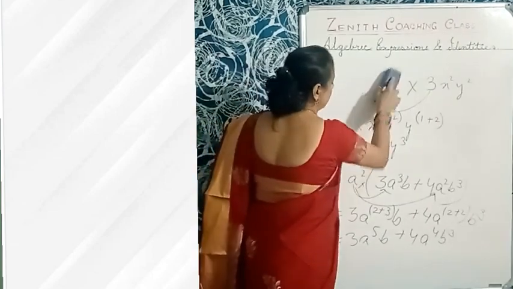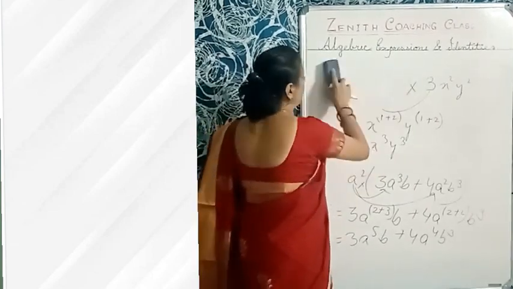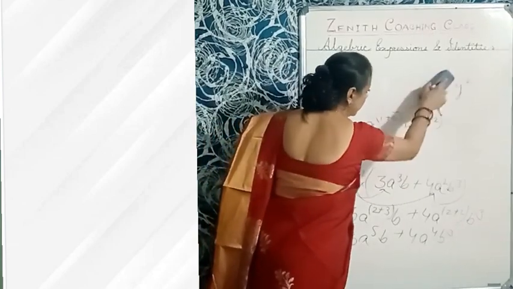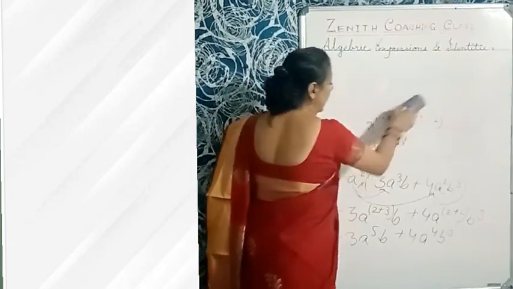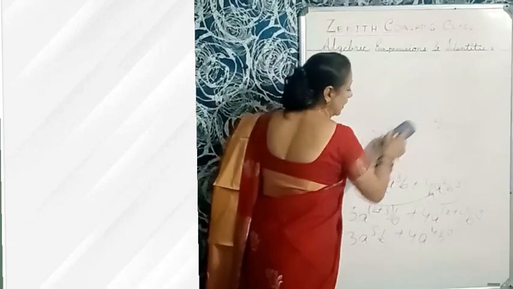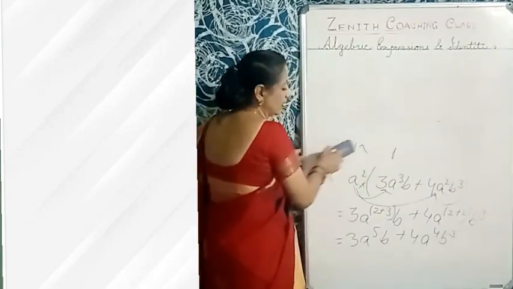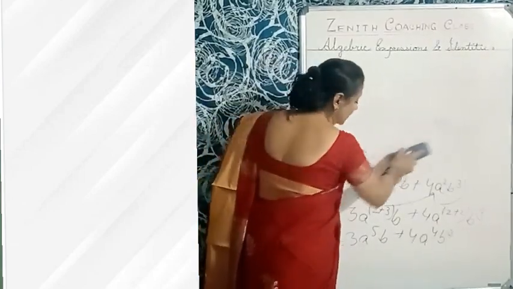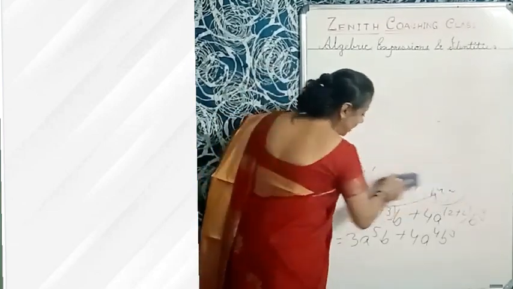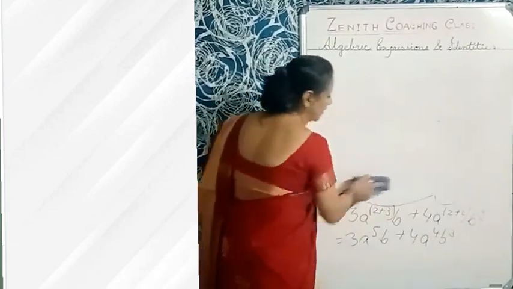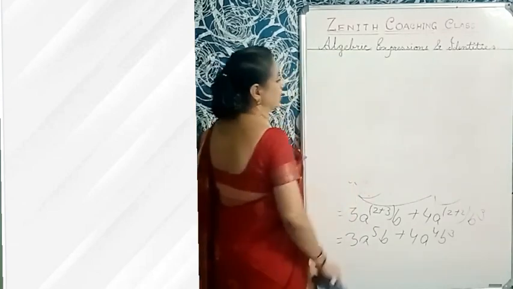Okay. What you have learned is monomial, binomial, trinomial, and their degrees, their coefficients, numerical coefficients, then algebraic coefficients, then addition, then subtraction, now multiplication, and the last one is division. So let's learn division sums.